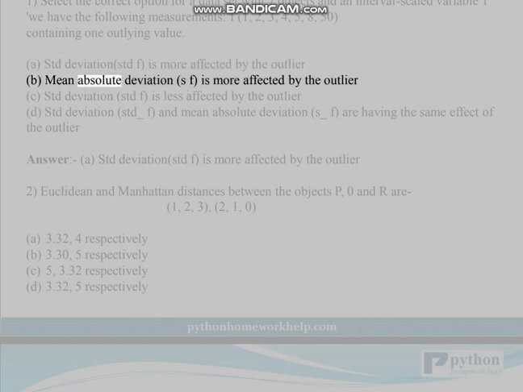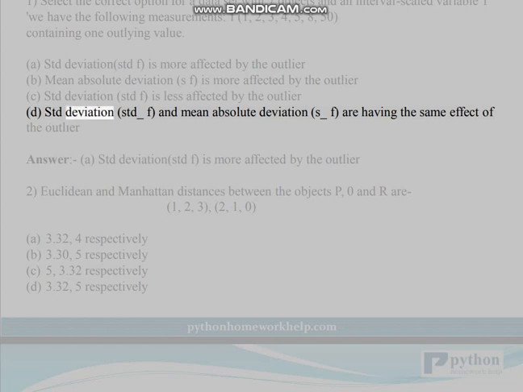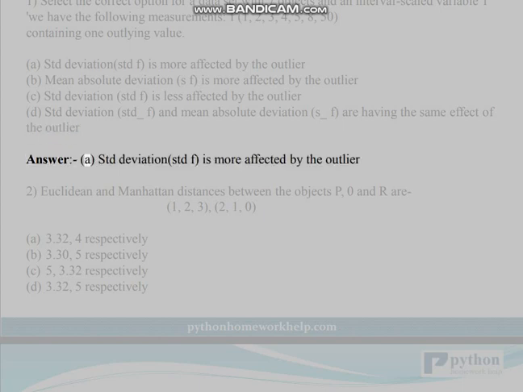B. Mean absolute deviation, S_f, is more affected by the outlier. C. Standard deviation, STD_f, is less affected by the outlier. D. Standard deviation, STD_f, and mean absolute deviation, S_f, have the same effect from the outlier. Answer: A. Standard deviation, STD_f, is more affected by the outlier.